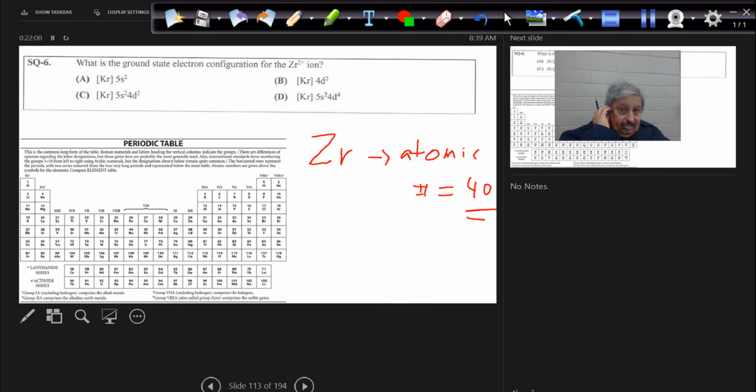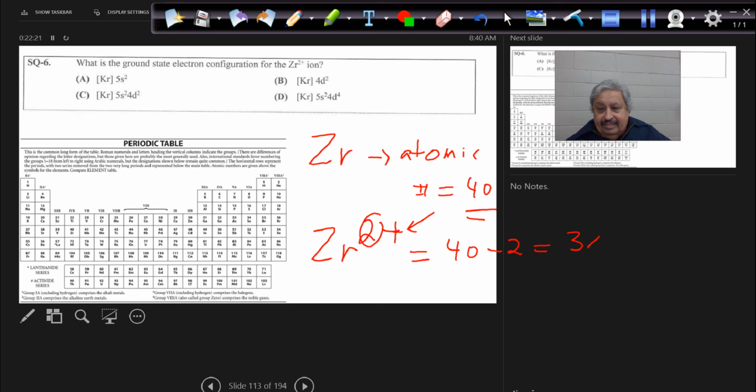Okay, so now you'll ask yourself, well, I have here zirconium 2 plus. It means zirconium had lost how many? Because this is positive, I have to subtract. 40 minus 2 is 38.